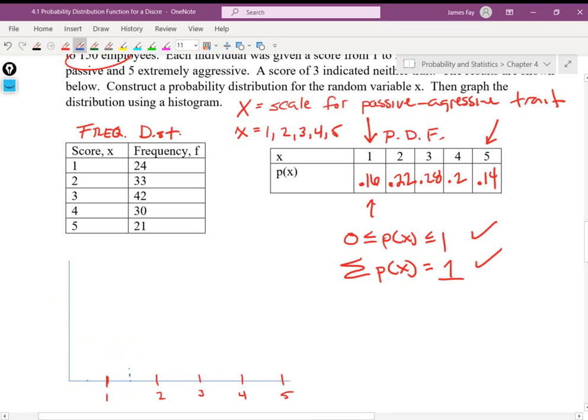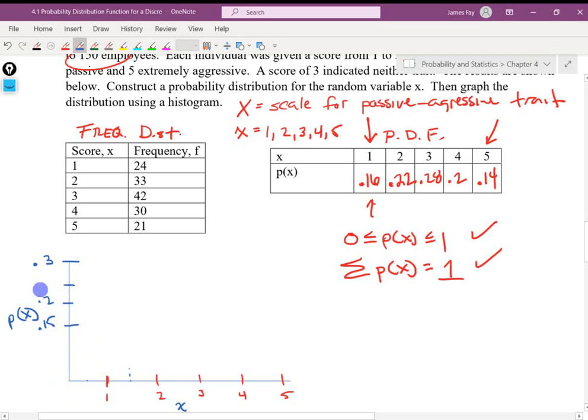Because your random variable values are along the x-axis, your probabilities are going to be on your y-axis. In our probabilities here, our maximum is 0.28. So I'm going to come up here and say that that's 0.3 right there. This would be 0.15. Let's break this up into thirds then.